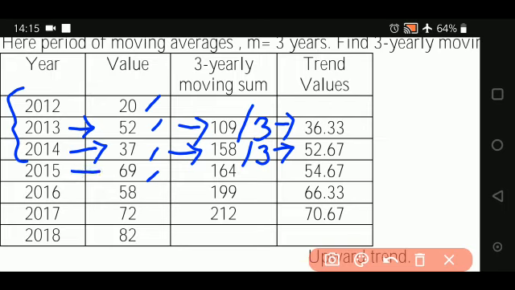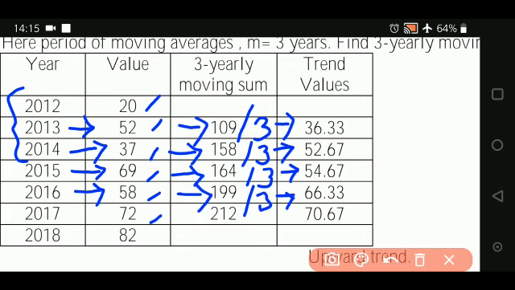Similarly, for 2015, you will be adding 37, 69 and 58 and that total will be 164, and when you divide it by 3, you get the trend value as 54.67. Next, for 2016, you skip 37 and you add 69, 58 and 72. The total will be 199 divided by 3.